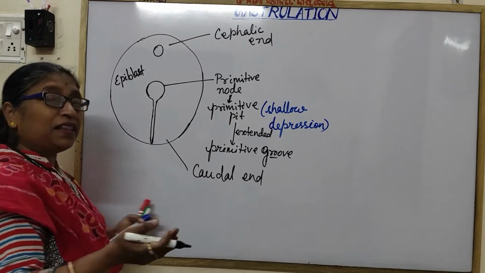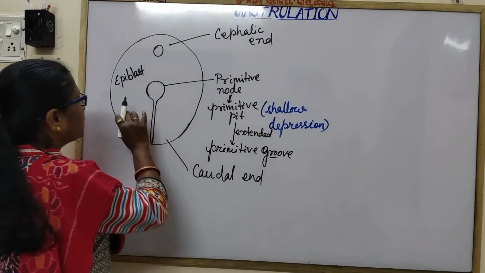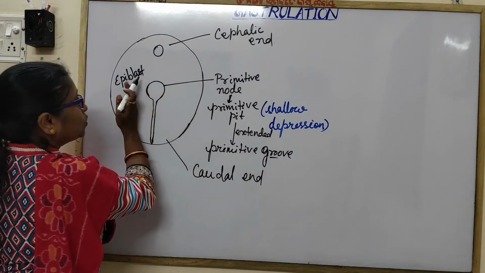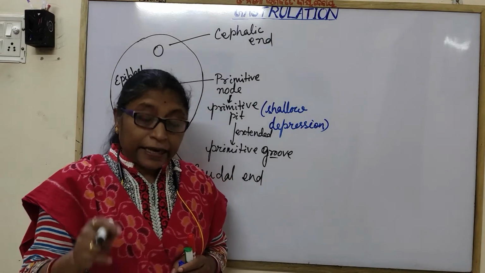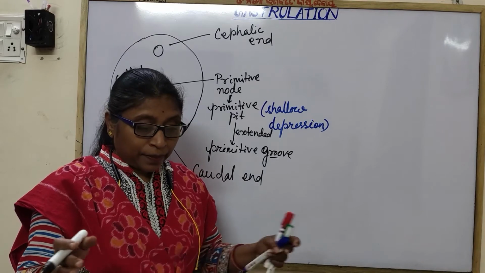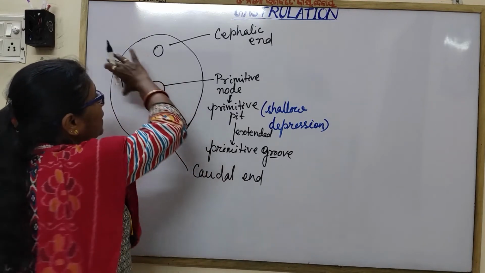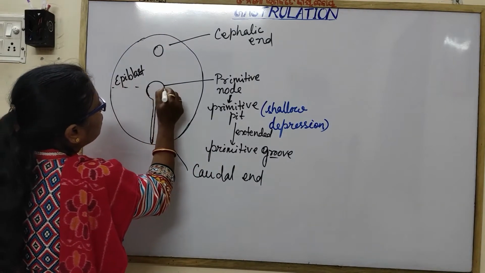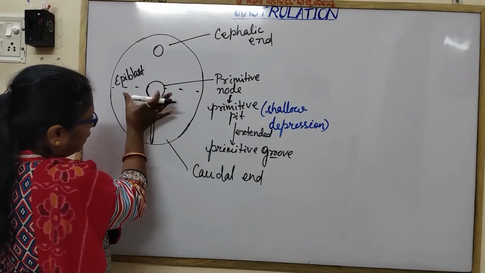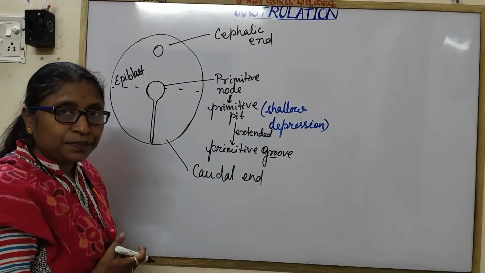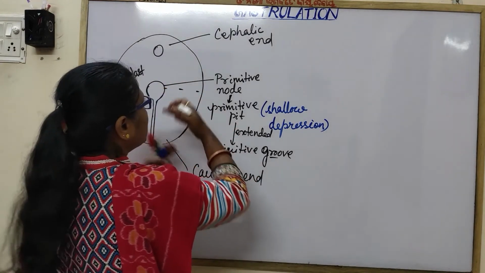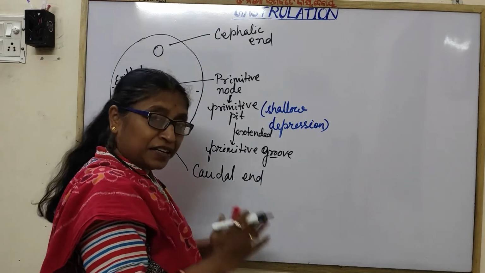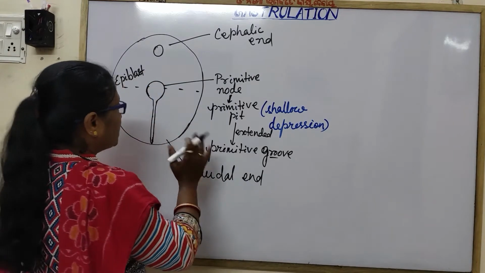Then what happens when this groove is formed? When the primitive streak is formed, it establishes the cephalic and caudal regions. Suppose this is the cephalic region and this one is the caudal region, like this.